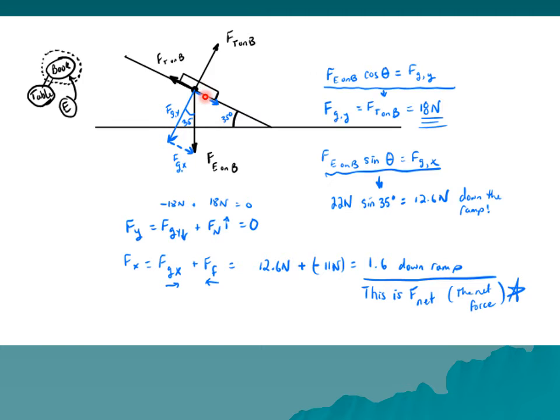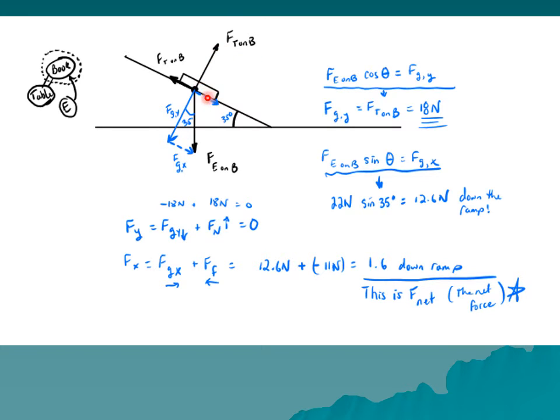Now we know already that we want to oftentimes investigate components. And so we have part of gravity pulling the book down, or attempting to pull the book down the ramp or the table. And we have also a component of gravity that is holding the book to the table, counteracting the normal force up here, the table on the book.